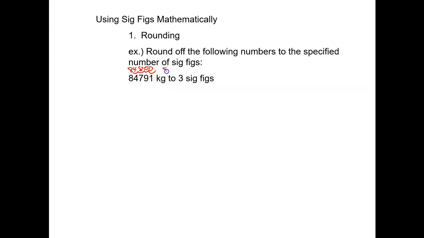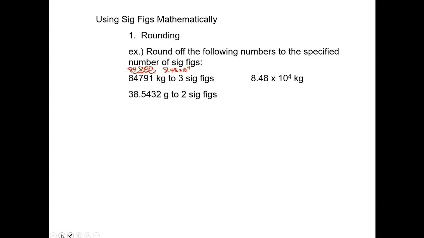That would give you 8.48 times 10 to the, how many places do we move it? 4. All right, so 8.48 times 10 to the 4th is what that should be rounded to.